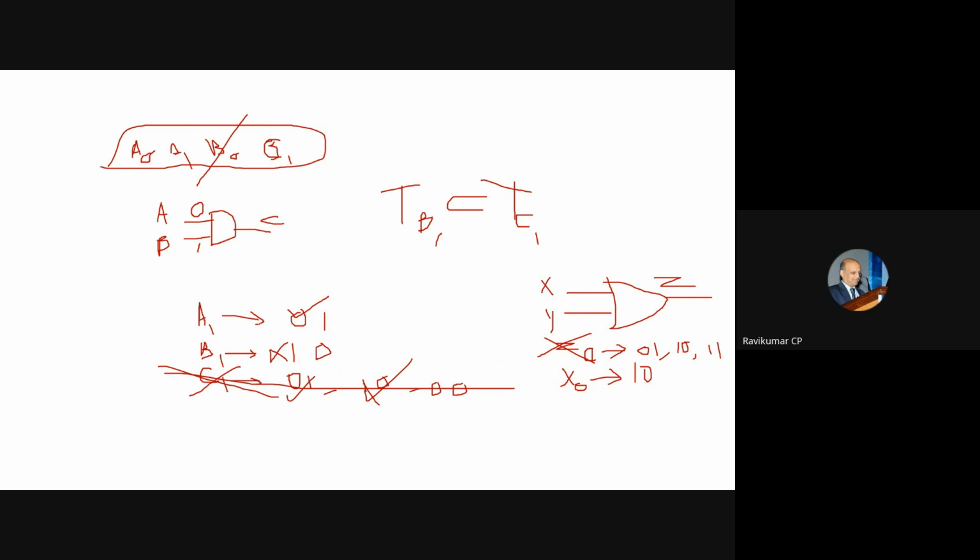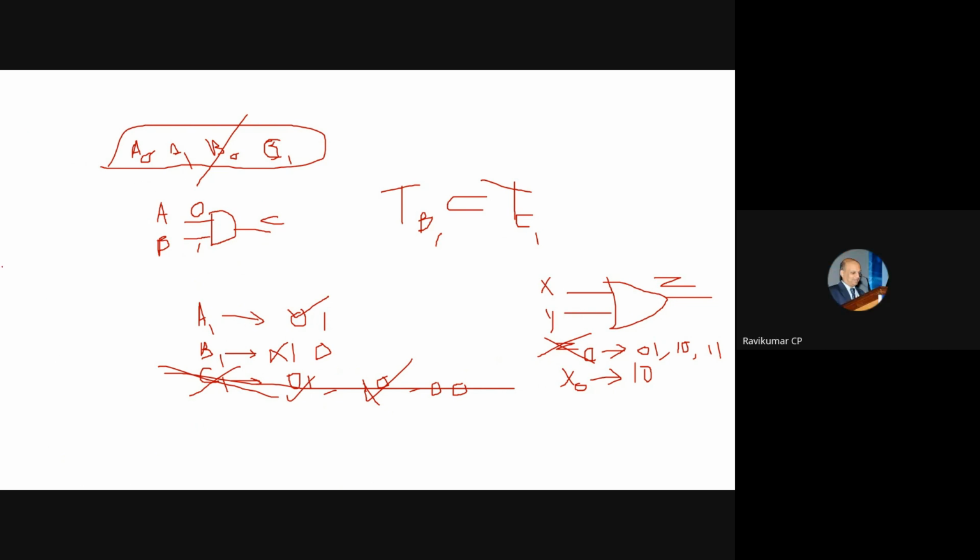If you have x01 as a test vector, it means that there are actually two vectors. Either one of them will work, 001 or 101. In reality, you have to apply one of them. Whether you choose 001 or 101 is up to you. But we should consider it as two test vectors.